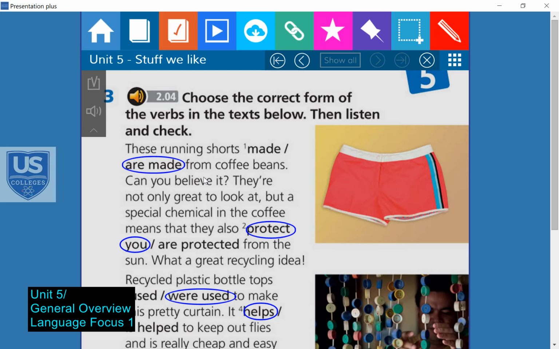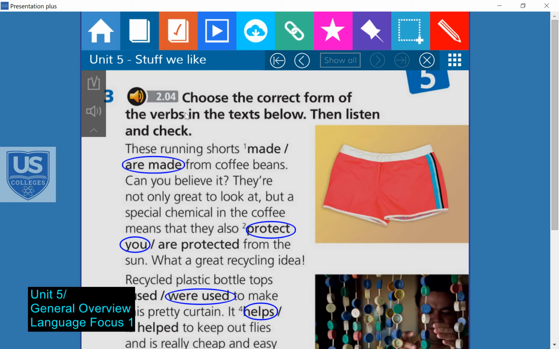These running shorts, made or are made? So here I need to focus on this sentence because I need to know whether it's a passive sentence or an active sentence. Because the sentence starts with these running shorts, I concluded that this is a passive sentence. These running shorts are made.